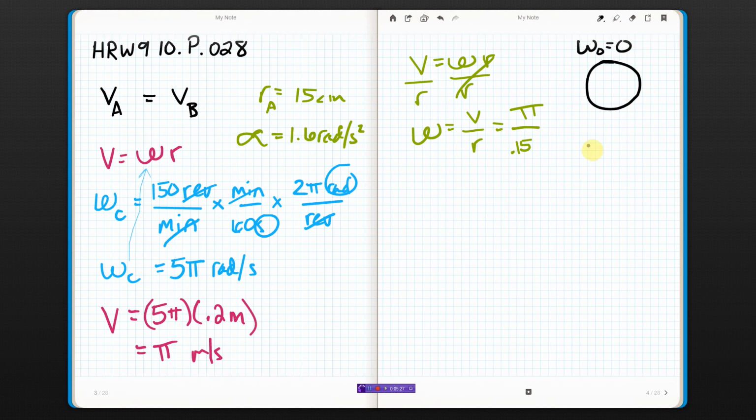It said it started from rest. And after a certain amount of time, it is going to get up to pi over 0.15 radians per second.